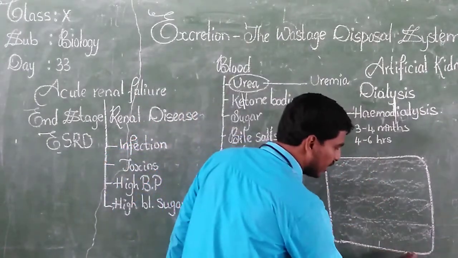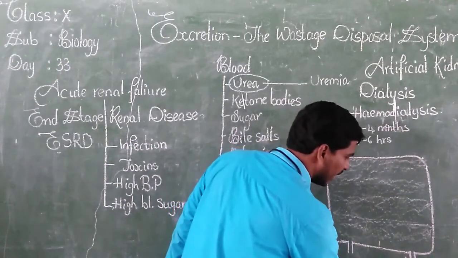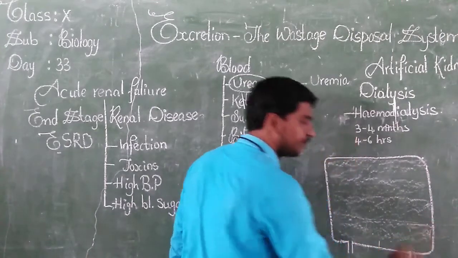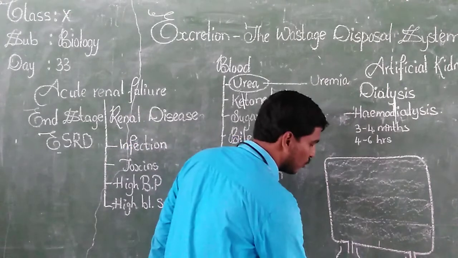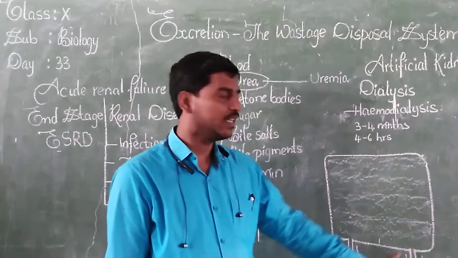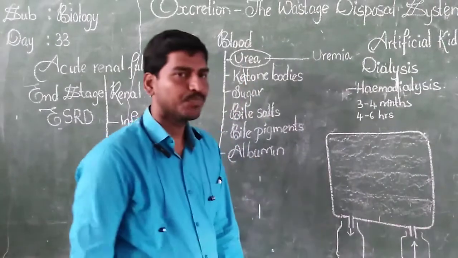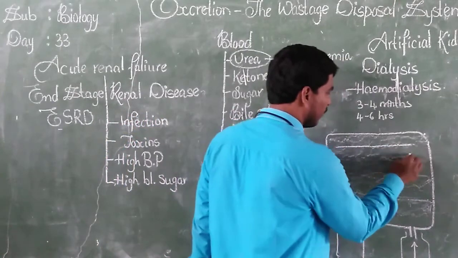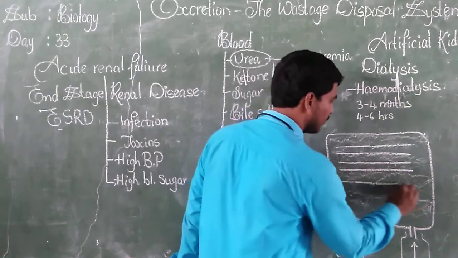This chamber contains an inlet and an outlet. From the inlet, we supply or pass the dialyzer fluid, and from the outlet, we collect the excess amount of dialyzer fluid. In this dialyzer chamber, there are certain tubes which are arranged parallelly.